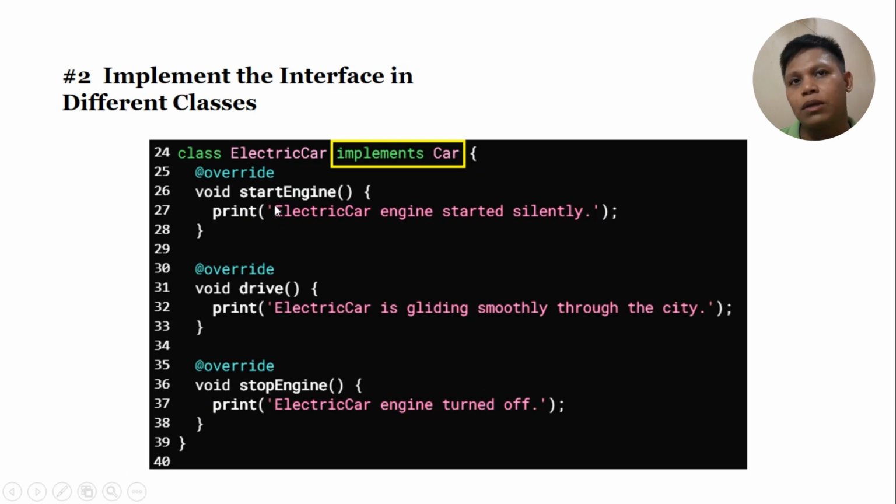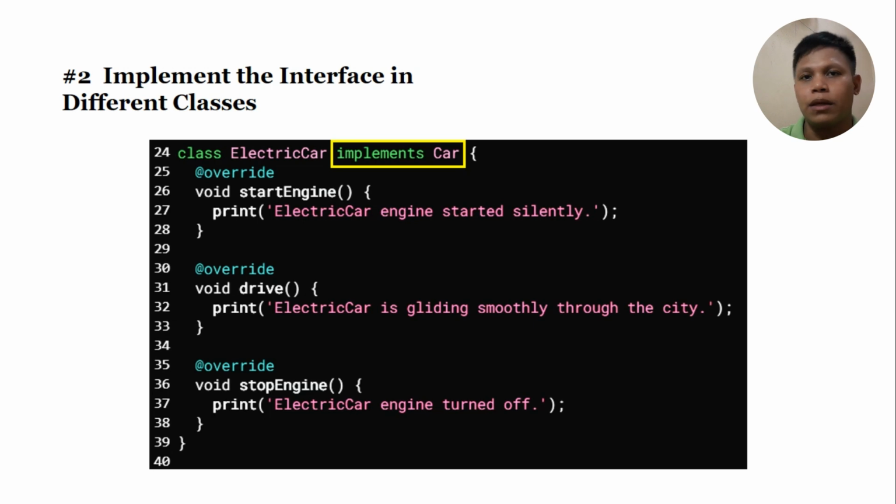So now, ElectricCar also has its own implementation of how it will behave when it starts the engine. Same also with drive, and stop engine. Now, of course, we have already defined the classes that we need: the interface, the driver, and the two specific car classes.